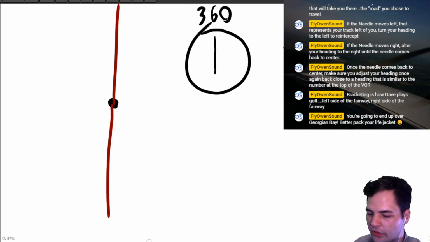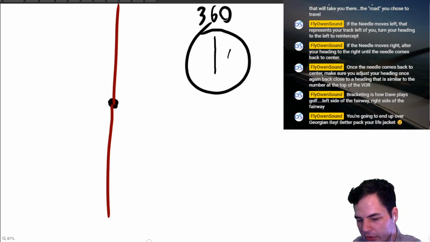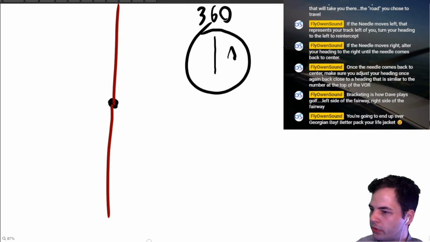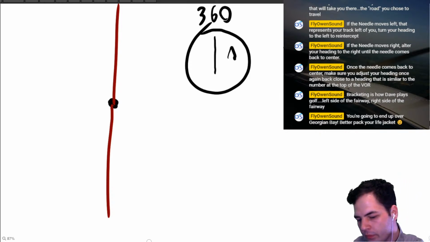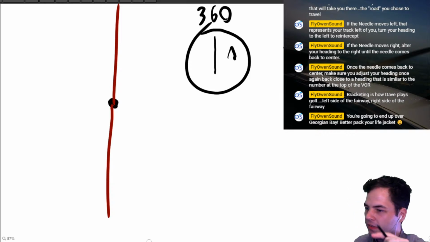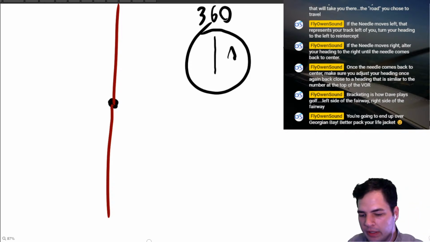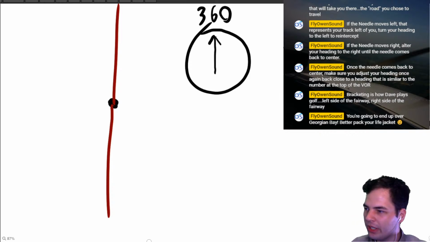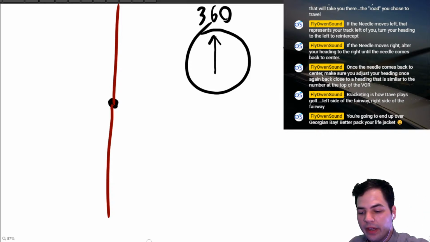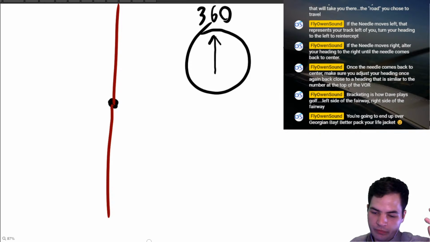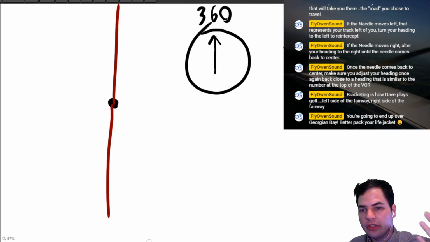If the indication says TO, that's saying flying 360 is going to take you to the VOR. Notice that, like I was saying before, it might say the word TO, but a lot of them have an arrow that points up or points down. You can think of that arrow as pointing to the OBS indication, the 360. So if that TO arrow is saying 360, that means flying 360 would take you to the VOR.